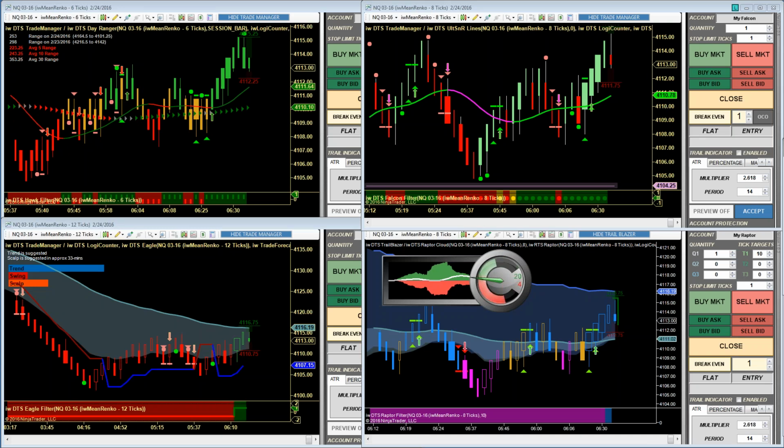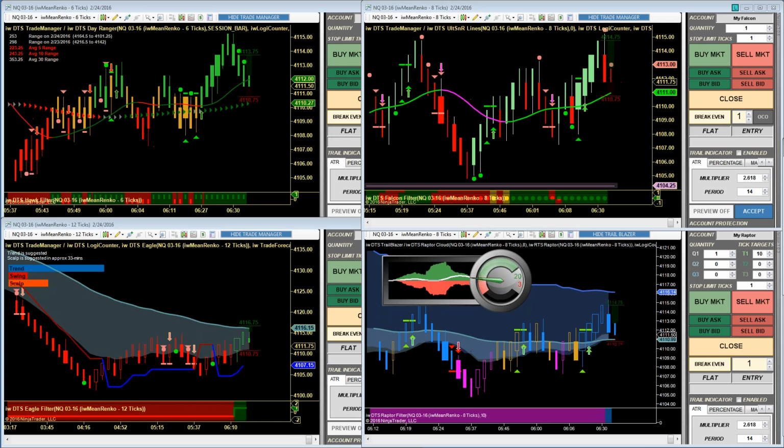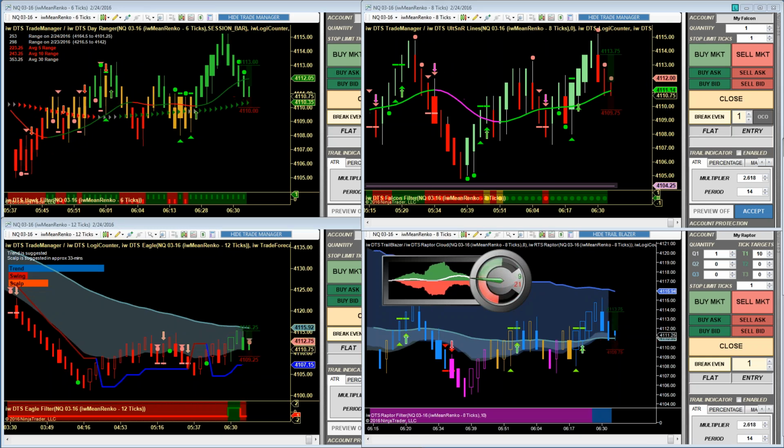For those of you new to our trading room, I'm going to give you a really quick overview of what you're looking at here. What we're looking at is the diversified trading system. It's diversified because we're essentially looking at the market from three different points of view. Here in the top left, we have the Hawk Micro Scalper, obviously the scalping tool.